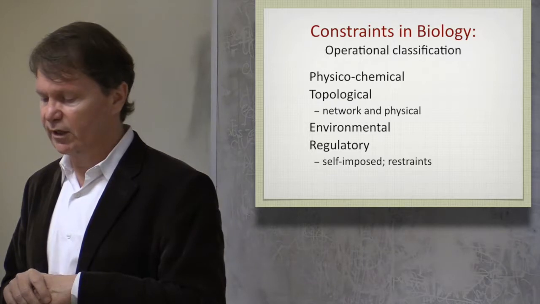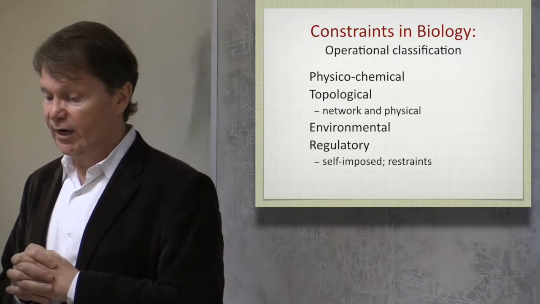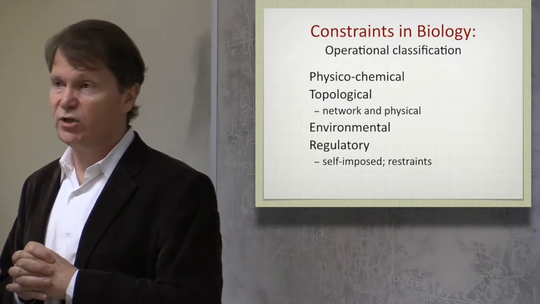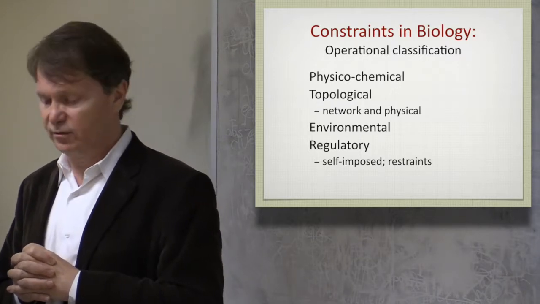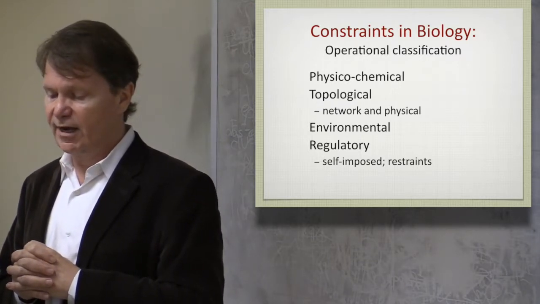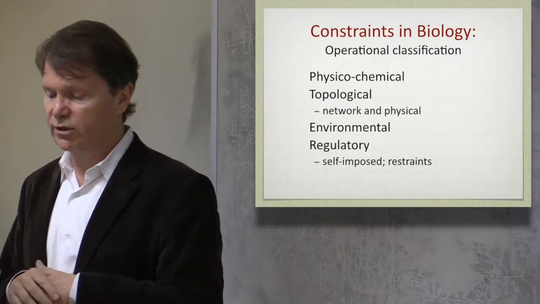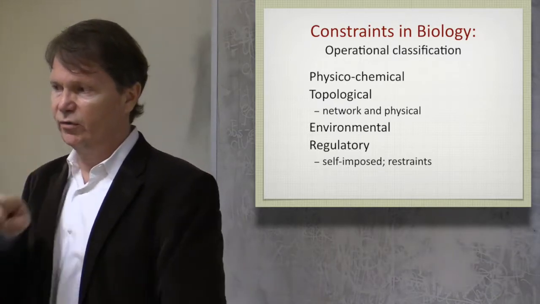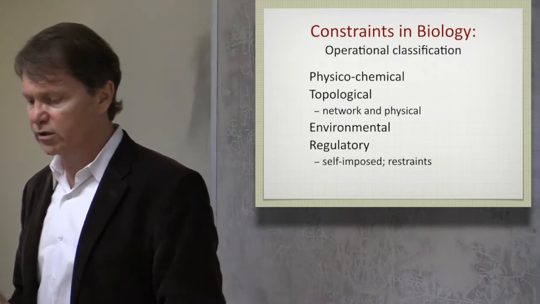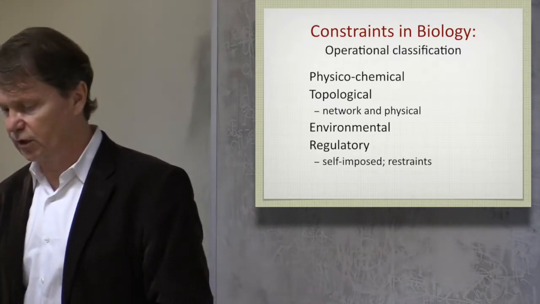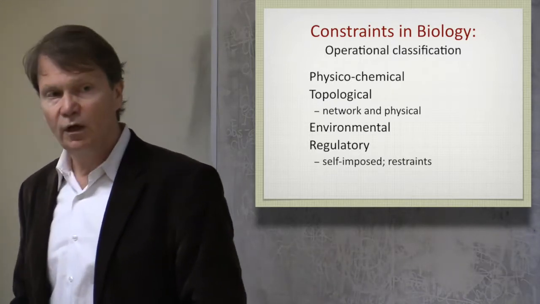We'll talk more about that in a moment, but that really is no longer a constraint, it's a restraint, it's self-imposed. And this is where the selection process is reflected, and how a cell biologically walks around in that outer solution space that I talked about earlier.